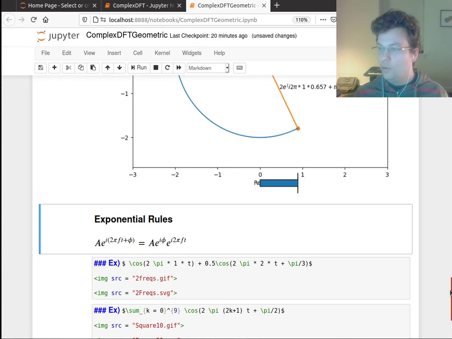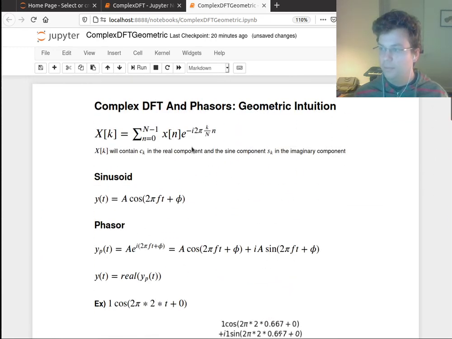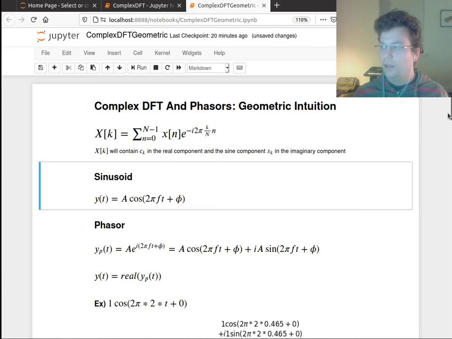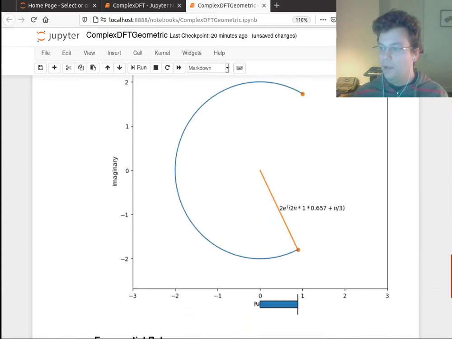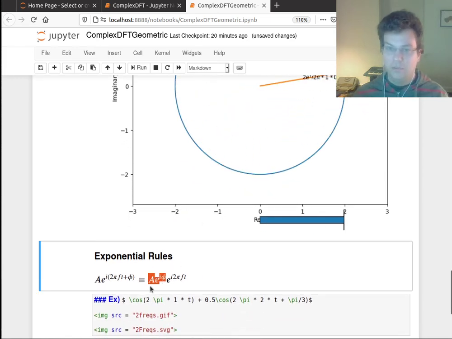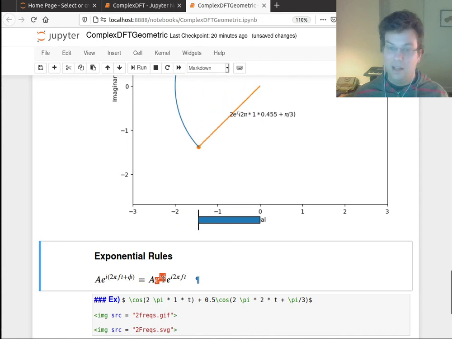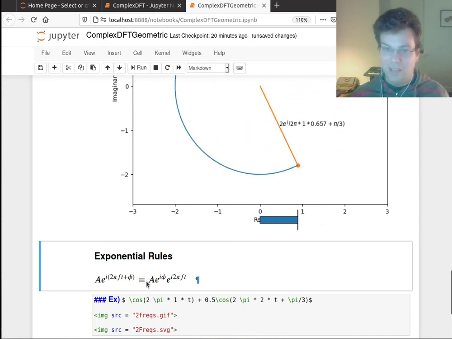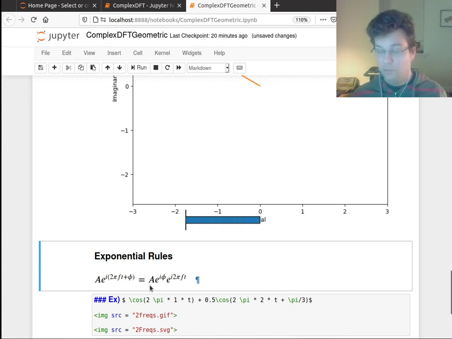So if I go back to my DFT definition, these are all pure phasors. When I do these dot products, I'm getting the complex number, which is the amplitude times this e to the i raised to the phase. So you can express both the amplitude and the phase now as a coefficient in front of a pure phasor.